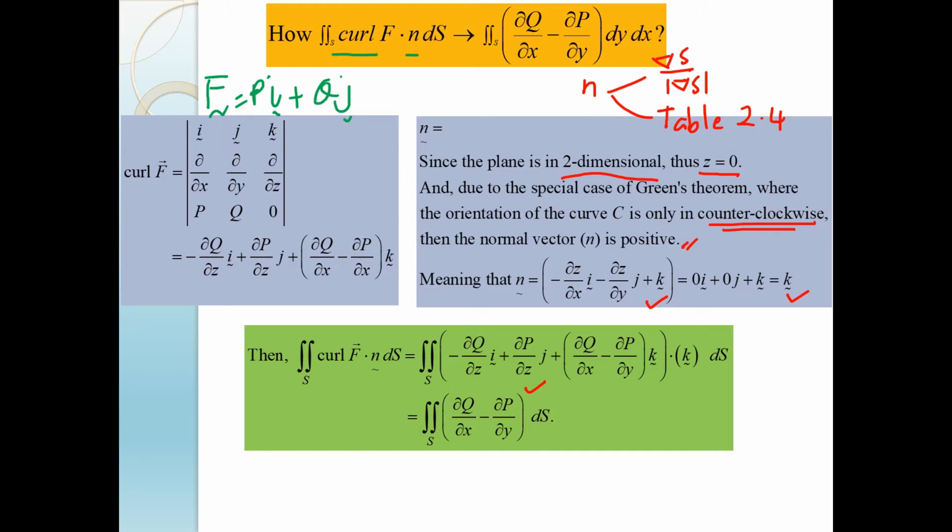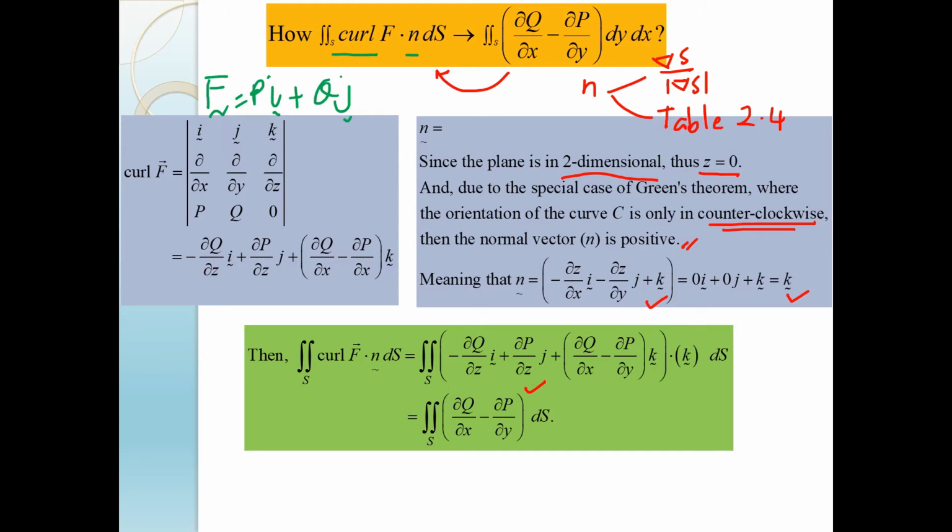This is actually to show how the formula of Green's theorem is obtained, because I told you that del q del x minus del p del y is based on curl f dot n. So now I have shown you how this equation is based on curl f dot n, and hopefully you understand how the equation is obtained.